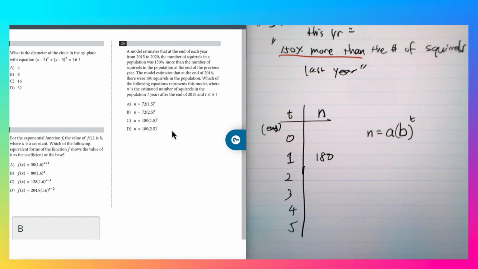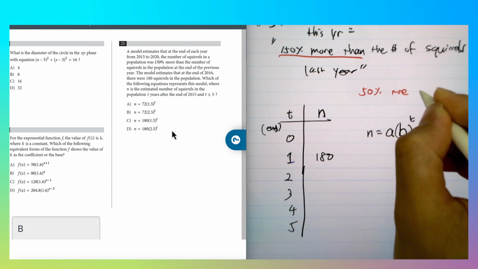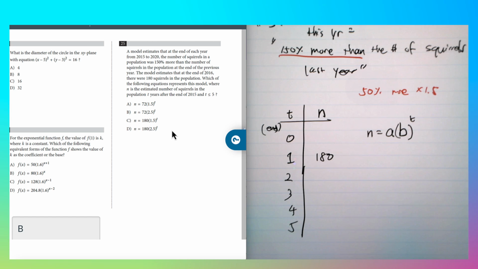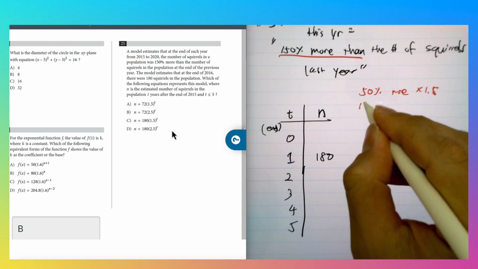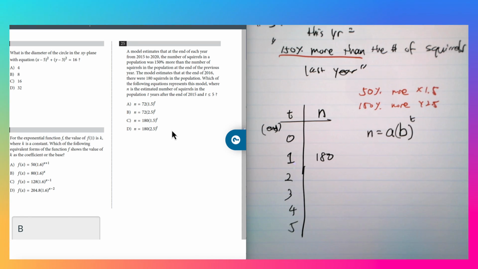Therefore, if you know that 50% more means 1.5 times the previous population, 150% more actually means times 2.5. So if you had 100 squirrels, the next year 150% more means 250, not 150.